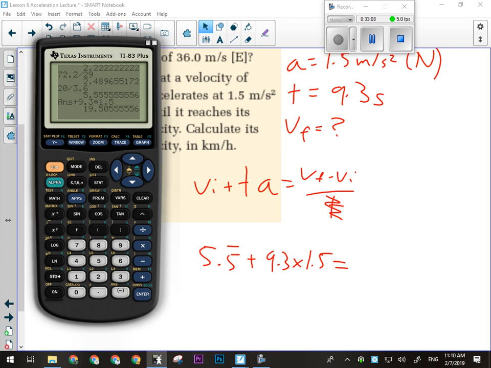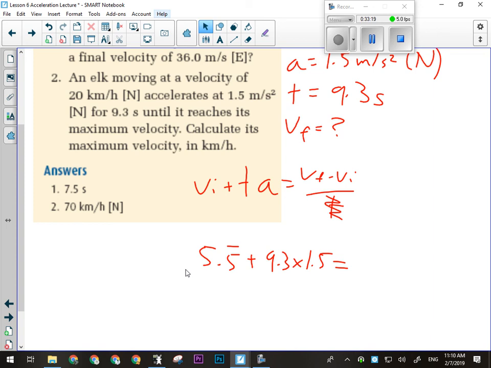All right, so I'm getting 19.51 here, but I only have 2 significant figures because the acceleration only had 2. So I'm going to be looking at 20 meters per second.